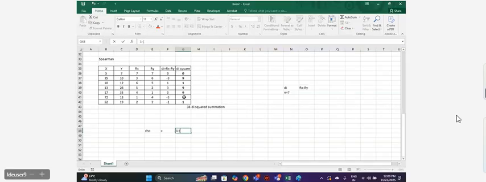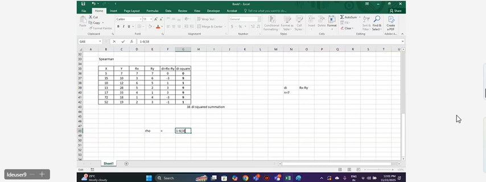The summation of di square is 38. Why did the 6 come? It's in the formula. Here is the formula: 1 minus 6 summation di square. Got it, sir.